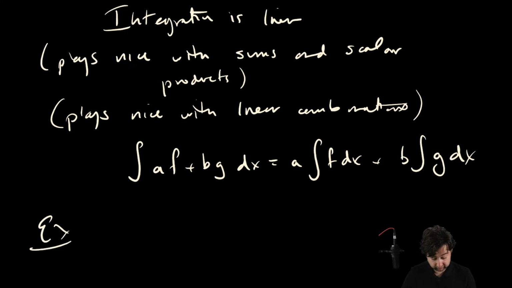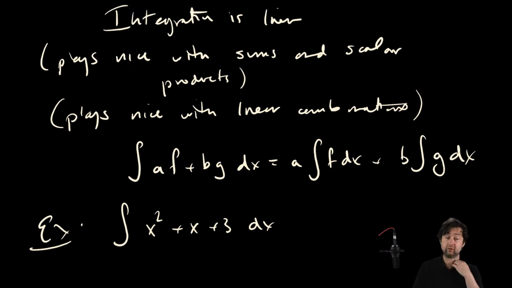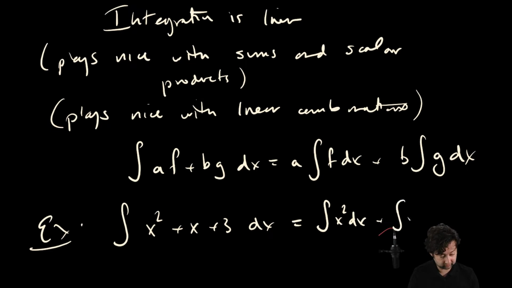So as an example here, when you do an integral of something like x squared plus x plus 3 dx, what you're really doing when you calculate this is you're actually breaking this into the integral of x squared dx plus the integral of x dx plus 3 times the integral of 1 dx.